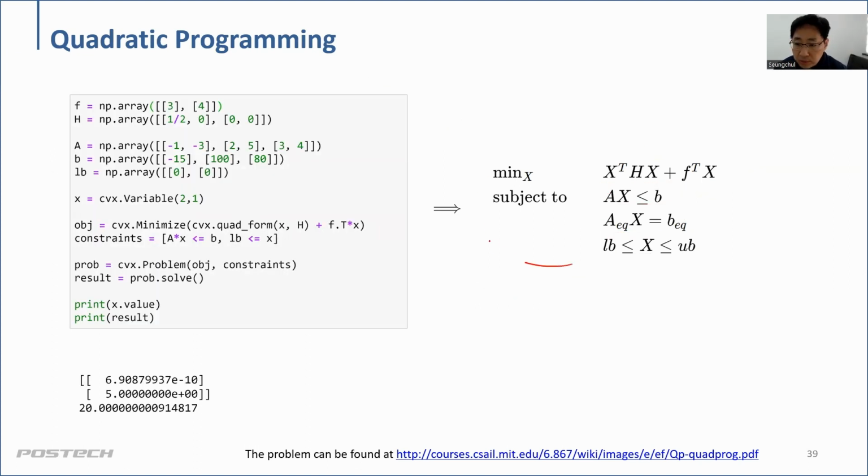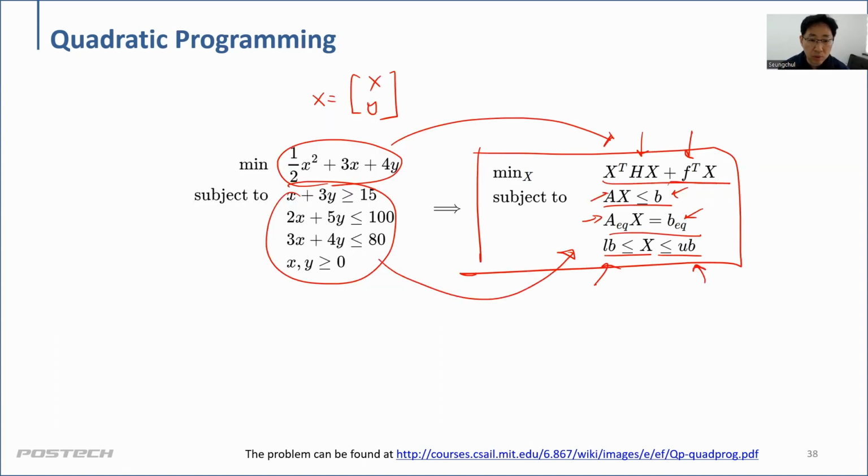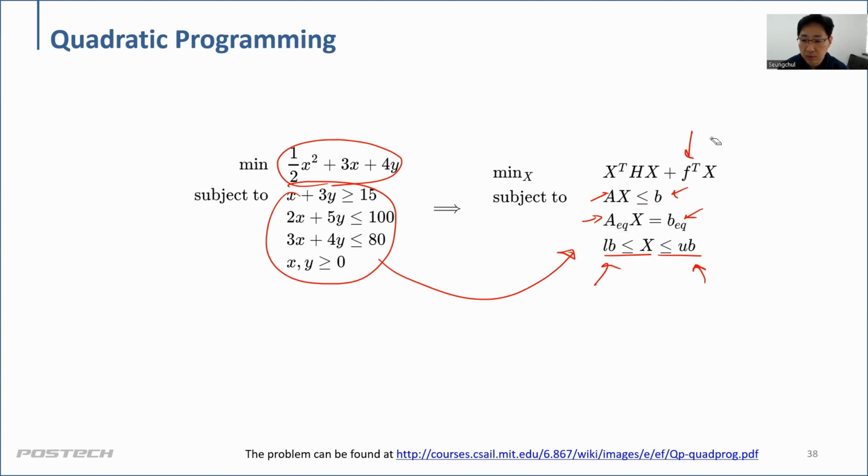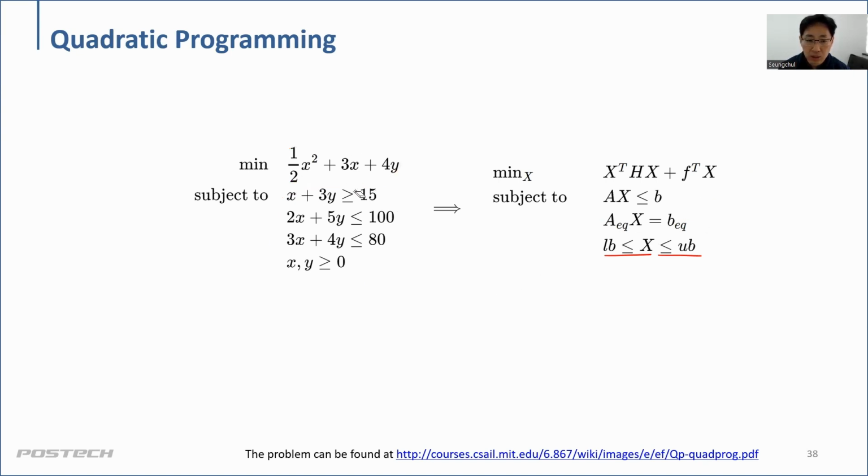So from this, let me see, what would be H? Let me compute. Here, this one, I would say, let me try that one.